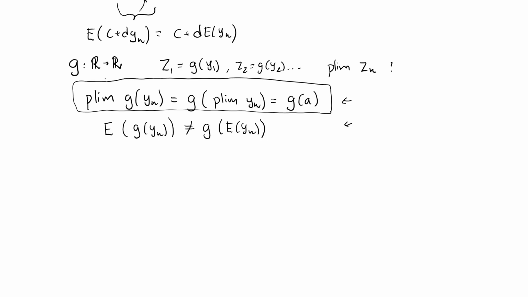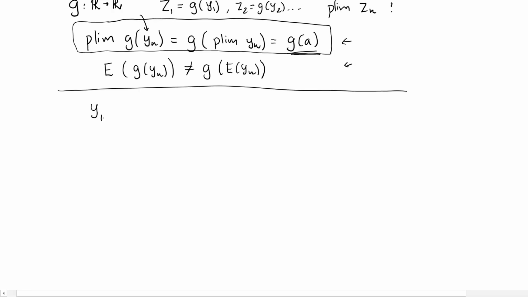It's acting more like a constant. So for large n, we're pretty much feeding a constant into this function g, and this is the reason why the plim is g of a. When we're dealing with expected values, we are not taking n to be large. n must be arbitrary, and therefore it cannot be moved inside this function.